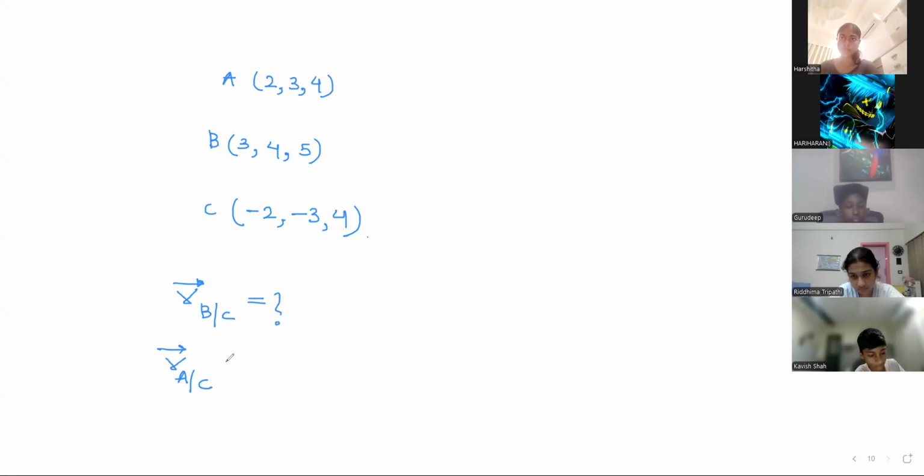Can you write the vectors representing the two sides of the triangle? This vector is representing CB. This is representing CA vector. Okay? Do it quickly. लिख सकते हैं क्या आप लोग? Can you do this? Yes or no?